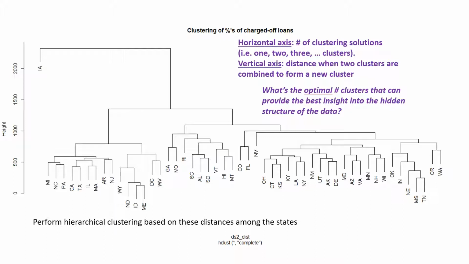And the vertical axis of this dendrogram represents the distance when 2 clusters are combined to form a new cluster. So once again, we want to know what's the optimal number of clusters that can best explain the hidden structure of the data.